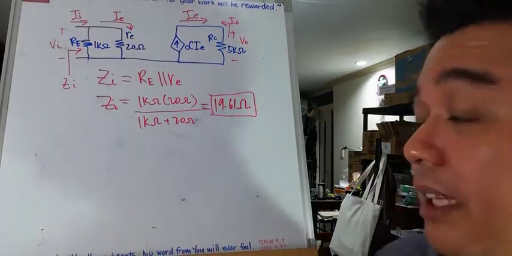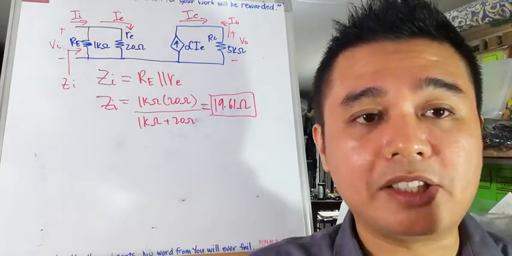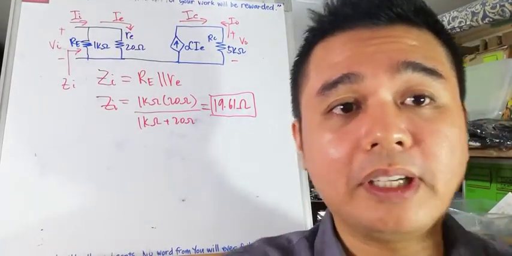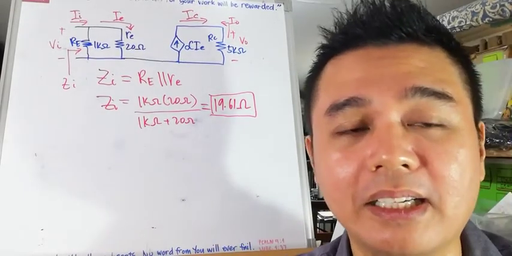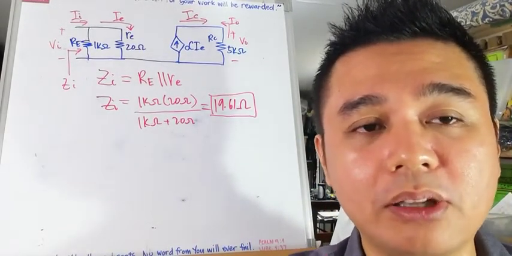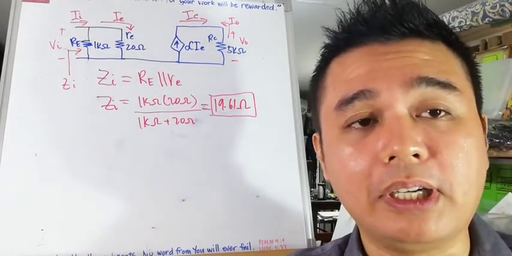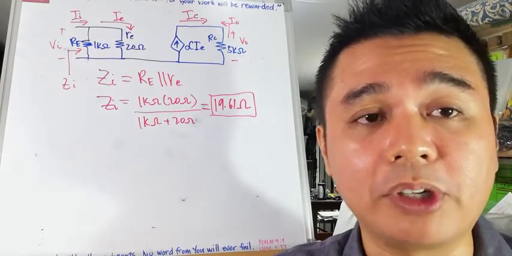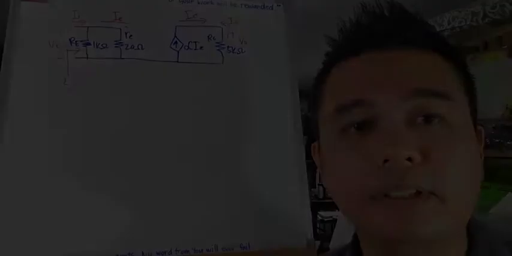Pangalawa, ang input impedance natin ay ginagamit natin kung meron tayong multi-stage na connection or yung tinatawag na cascaded. No? Yung input impedance ng, for example, ng stage 2 is the load of the first stage. So anyway, darating din tayo sa part niyan. No? I'm just trying to establish the importance of Z sub I or the input impedance.